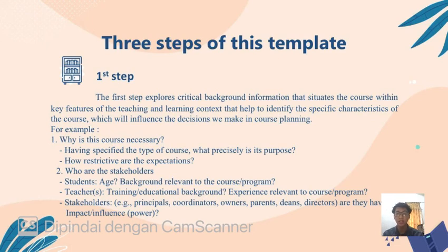And then the teacher, does the teacher have educational background, additional background, or experience relevant to the course or program? And then the stakeholders, like the owner, parents, or coordinator, do they have impact or influence in the course?